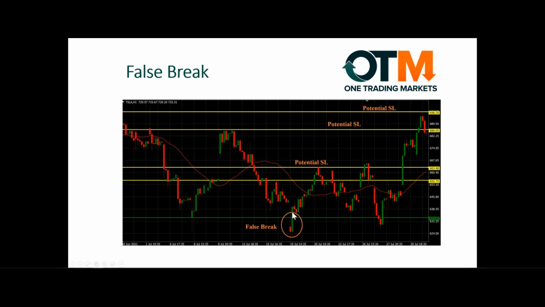My take profits again would be the potential stop losses, which are the nearest highs, and also the opening of any gaps. Those highs, this high and this high, in terms of the value.